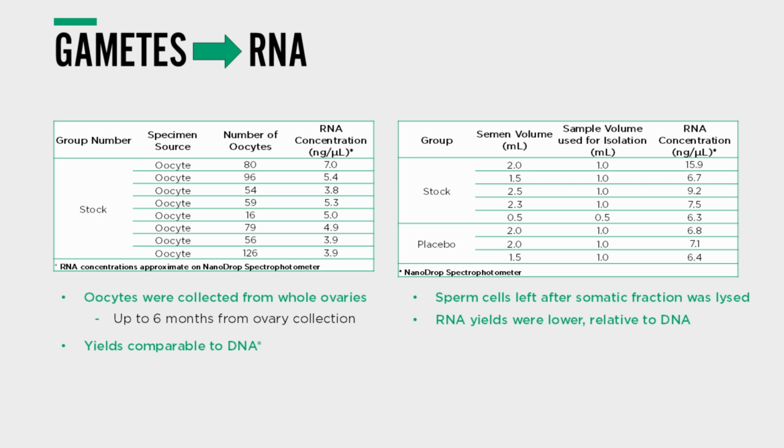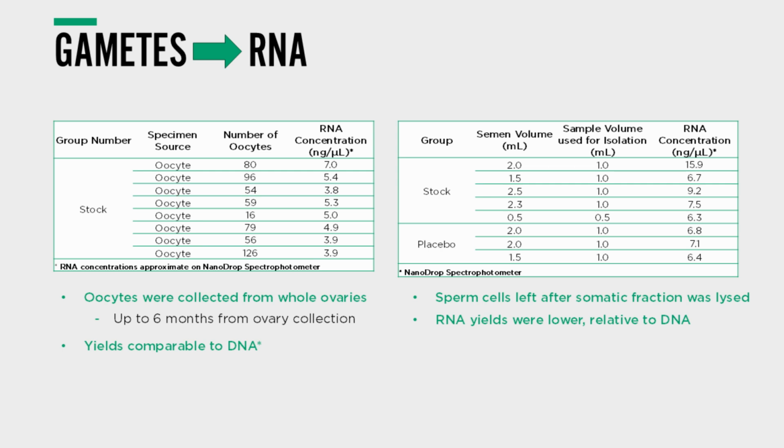We used the RNeasy Mini isolation kit to isolate RNA, and concentrations were again determined using NanoDrop and are also approximate. So we acknowledge the detection limitations of this instrument. For the semen processing and sperm RNA isolations, we were able to use the same wash steps for removing the somatic cell fraction from either 0.5 or 1 mL of cryopreserved semen.